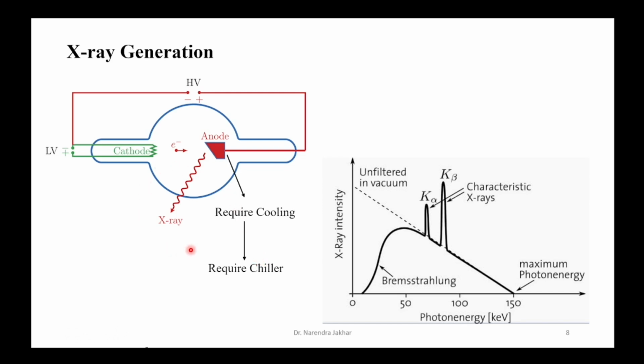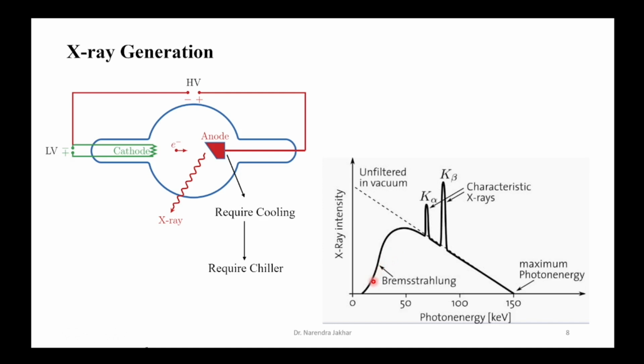And these emitted X-rays have such a spectrum. Here we can see a continuous shape of the spectrum, and here are the horn-type X-rays. They are known as characteristic X-rays.